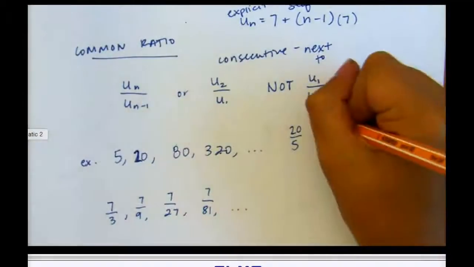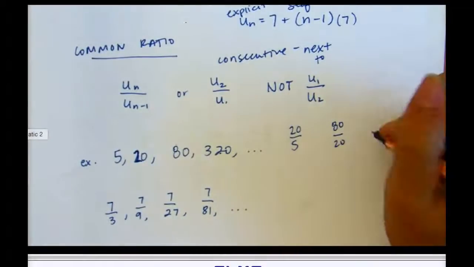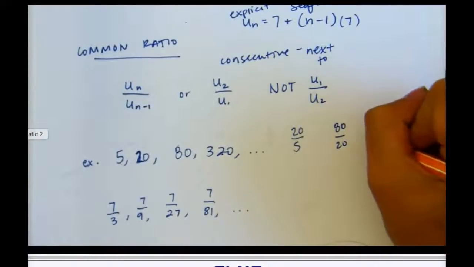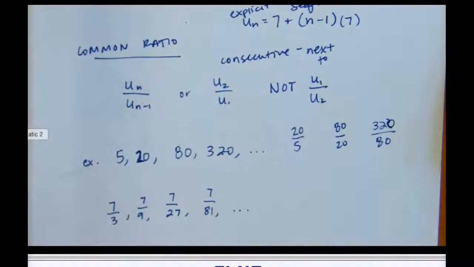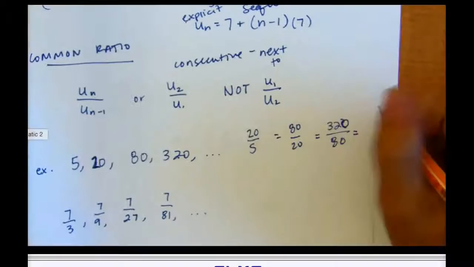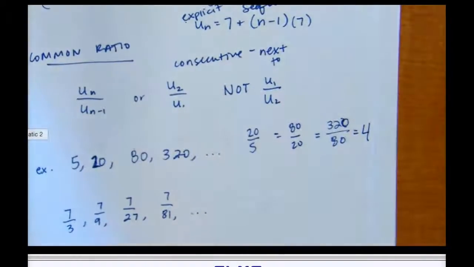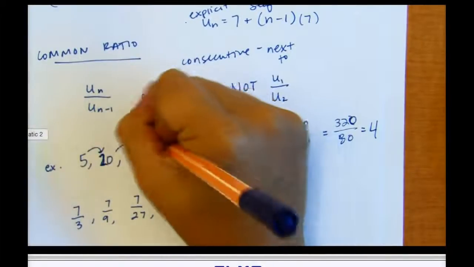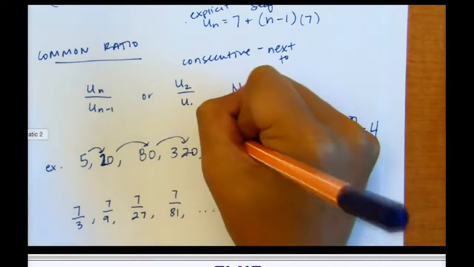I could do 80 over 20. I could do 320 over 80. And you can simplify any of these fractions. Go ahead and simplify. And for all of them, you should get 4, which makes sense because to get from term to term in this one, I'm multiplying by 4.